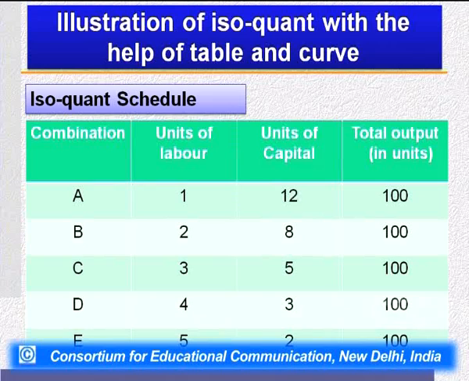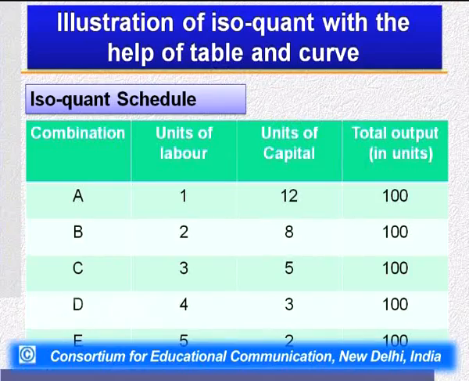The law says that there is no differentiation between any combinations; if you get a different output, then the law is not in proper format. So if you change the units of labor or capital, you accordingly change the other input to keep the output the same.